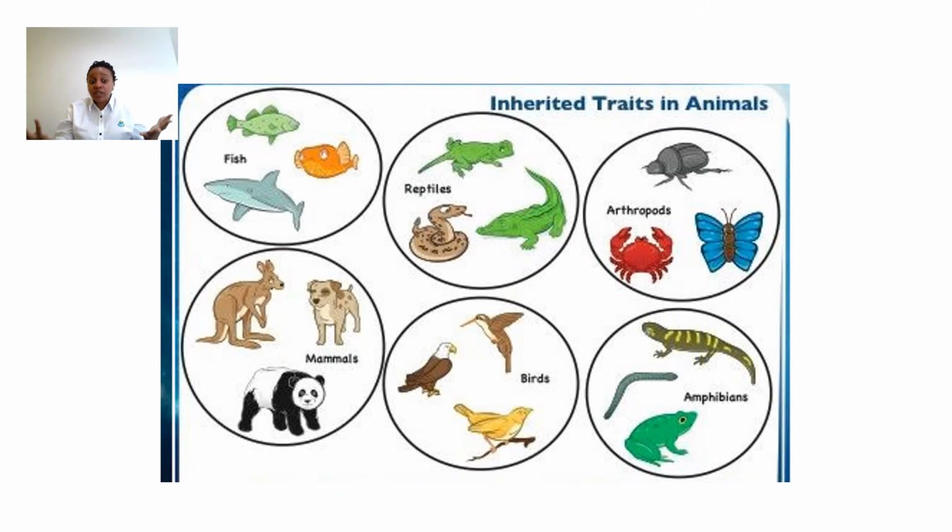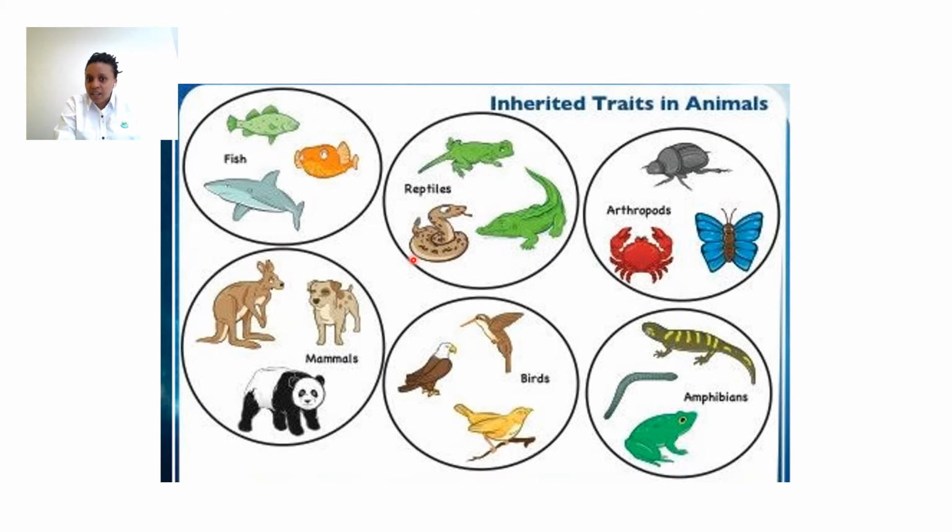So this is also a nice example of showing inherited traits in animals. Okay, so look at this. This is a family of fish. So here's a shark, here's a normal fish. So all different kinds of fish have the same kind of things. So a fish is another example that lays eggs. Okay, here we have reptiles, so a crocodile or an alligator.